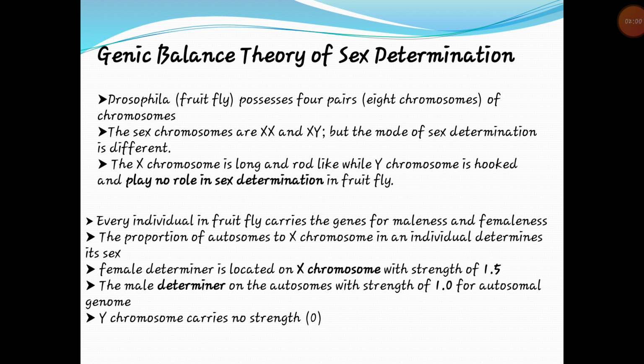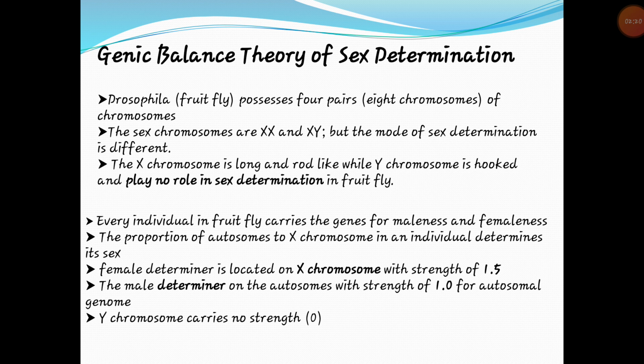A fruit fly with the chromosome complement AAXX, where A is the haploid set of autosomes with a male determining value of 1, has the ratio of male to female determiners as 2:3.